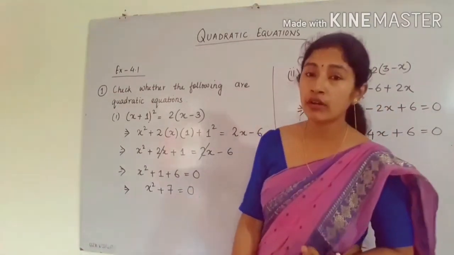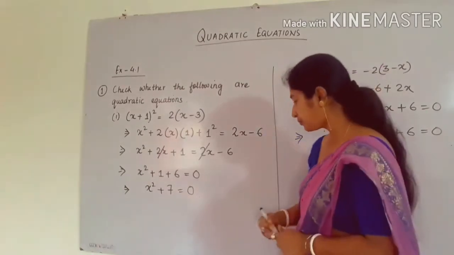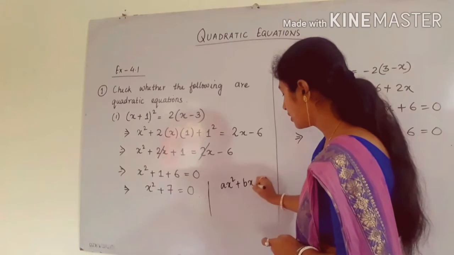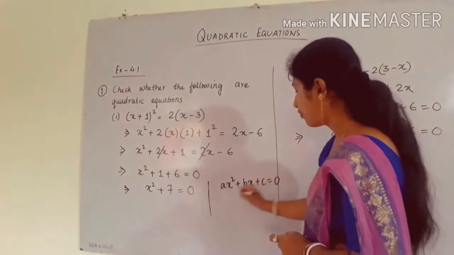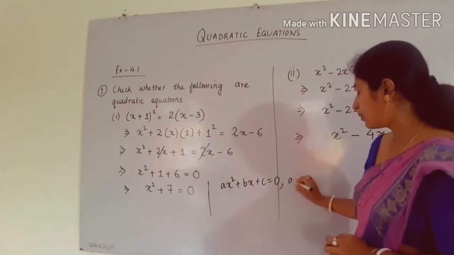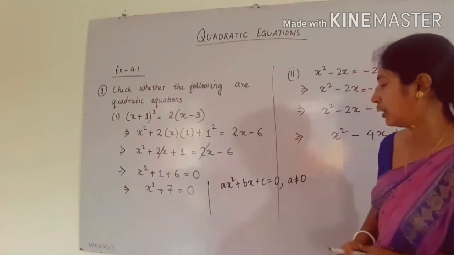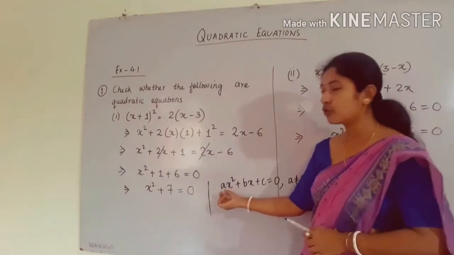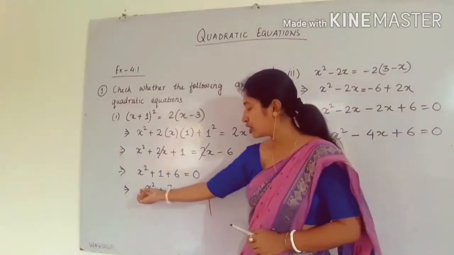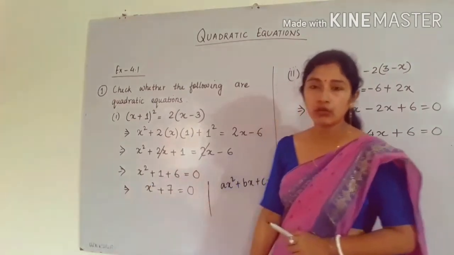So is this a quadratic equation? We have to check. So we will compare with the standard form of quadratic equation. So this was our standard form of quadratic equation, ax square plus bx plus c equal to 0 provided a not equal to 0. That means the coefficient of x square should not be equal to 0. So here see we have x square and the coefficient of x square is 1, that is not equal to 0.